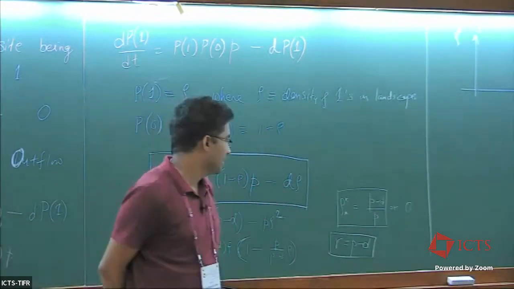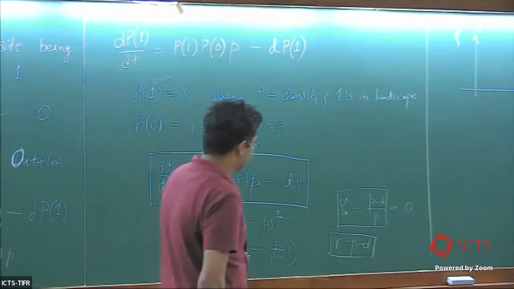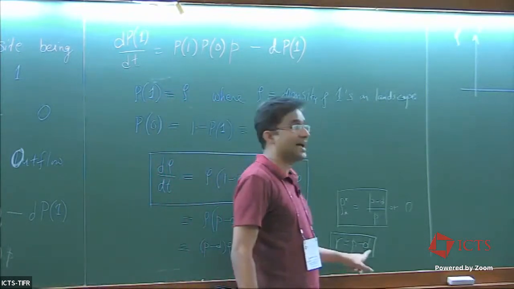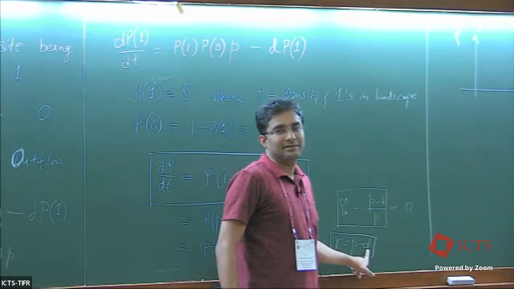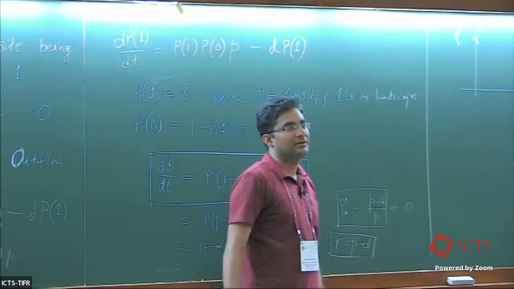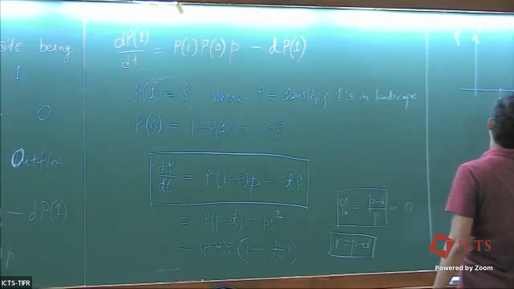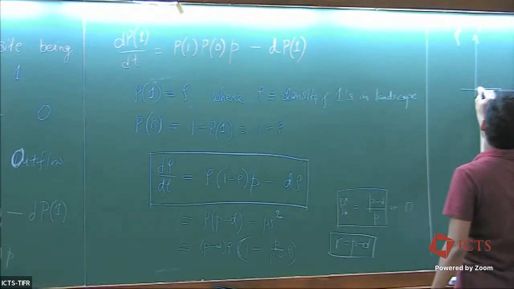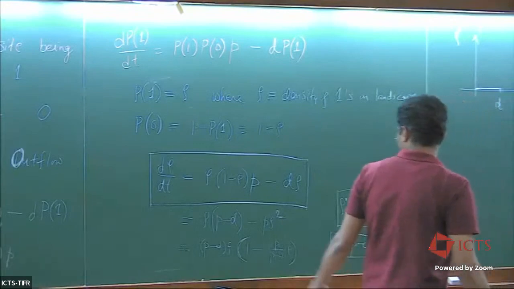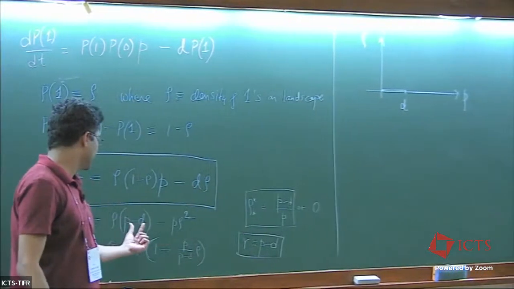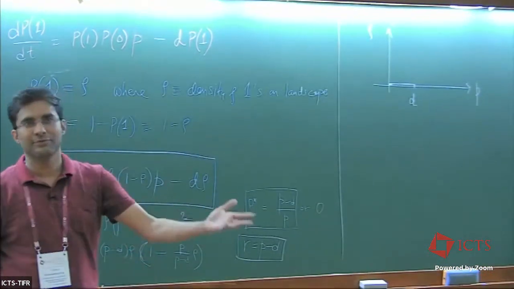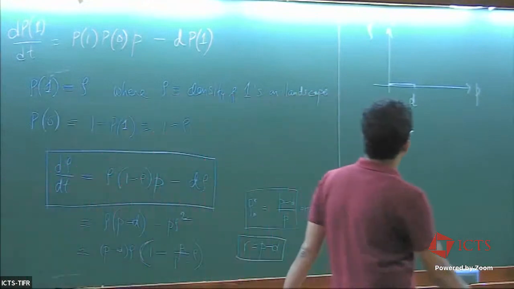And you also see that for the intrinsic growth rate to be positive, p has to be greater than d, right? So basically if you have done it correctly, you can see it from the equation here. If r is negative, 0 will be the stable equilibrium.